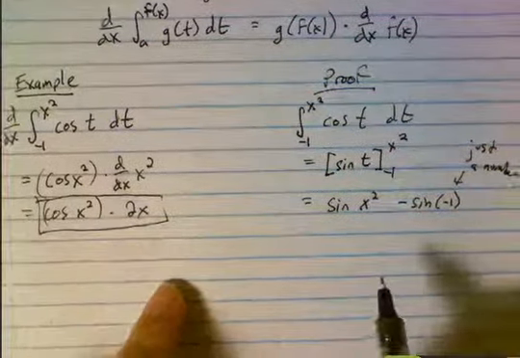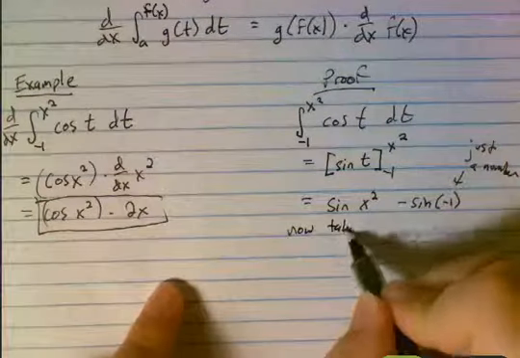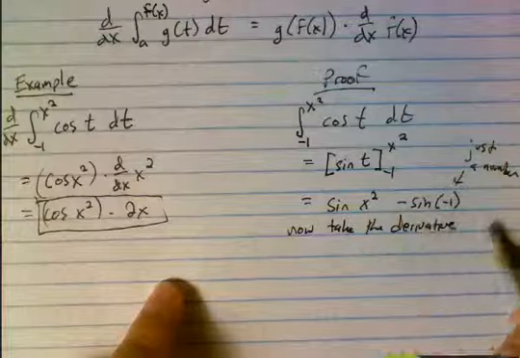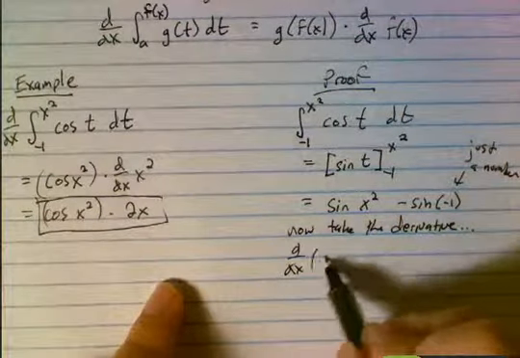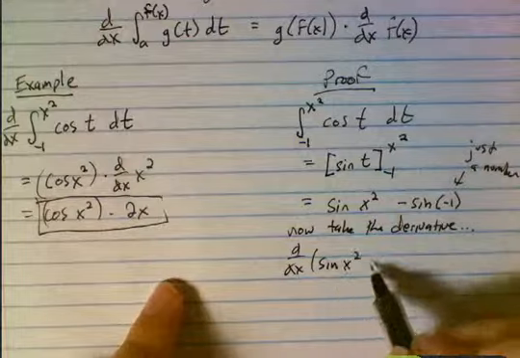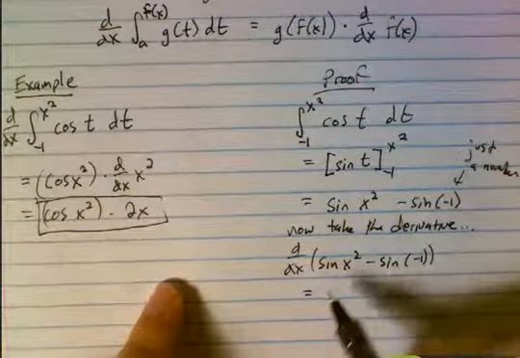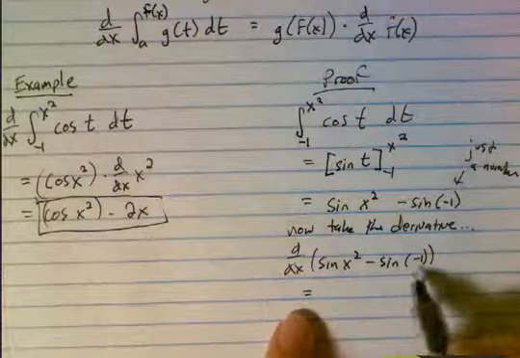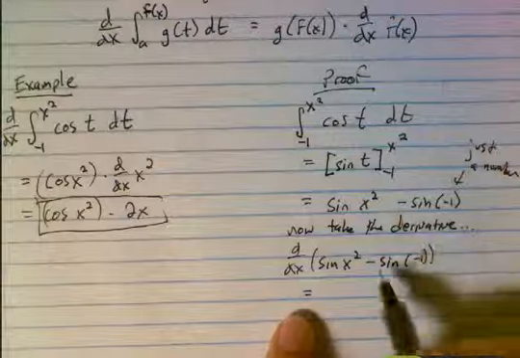So when we go to take the derivative, we take these two separately, but the sine of -1 is just a number, so that becomes 0.